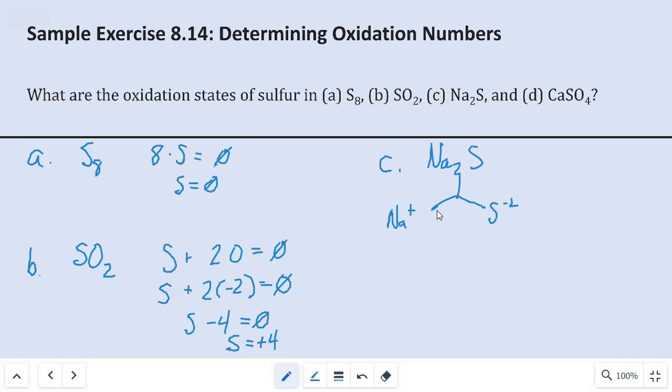Since those are both monatomic ions, their charge is their oxidation state. So the sodium's +1, the sulfide is -2. In this case, it really is just as easy as it looks. It's the periodic table. And when we have binary compounds like that, that's exactly what happens.